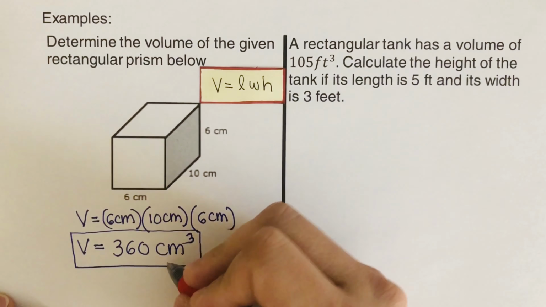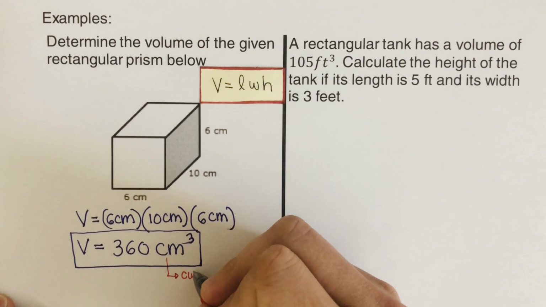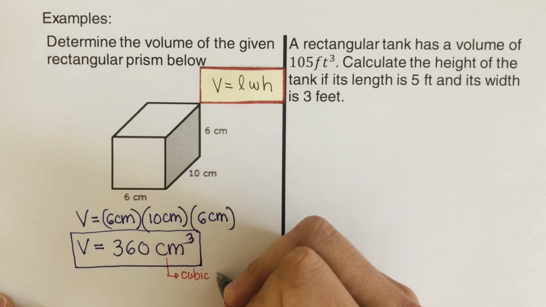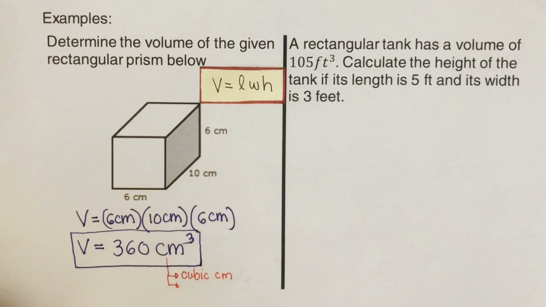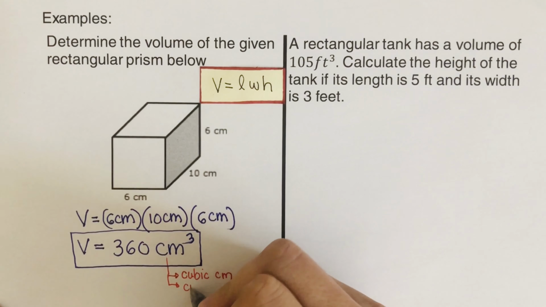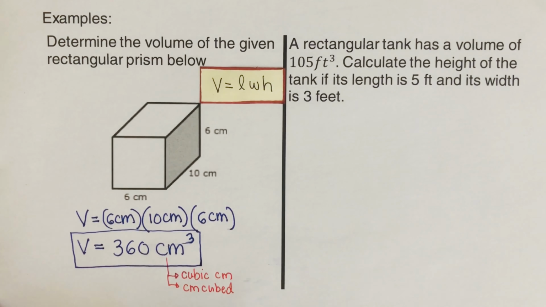This can be read either way, as cubic centimeters or as centimeters cubed. Either of these two would be correct. Did you get 360 centimeters cubed for the first one? Good, perfect. Now let's move on to the second problem.